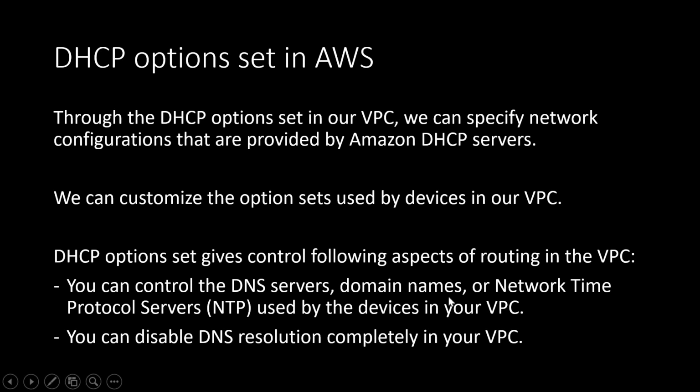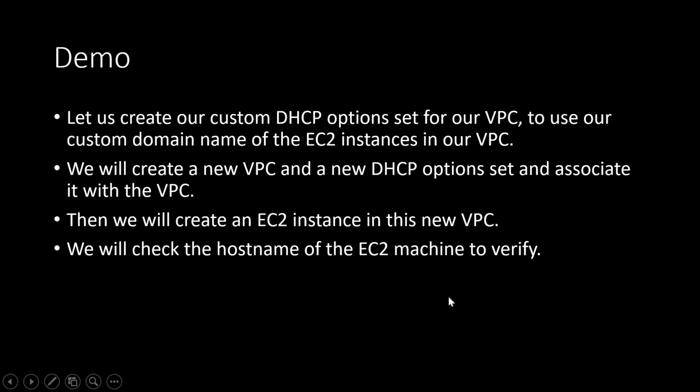So let us see through a demo what we can do with the DHCP option set. In this demo, we will create our own custom DHCP option set for our VPC, and in that custom DHCP option set, we will configure our own domain name to be used in the EC2 instances.